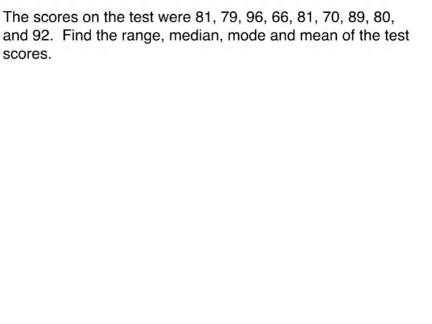Alright, now here we've got test scores. So the scores on the test were 81, 79, 96, 66, 81, 70, 89, 80, and 92. And we're going to find the range, median, mode, and mean of each of these test scores. So we're going to line them up. First of all, the lowest score we have is 66.